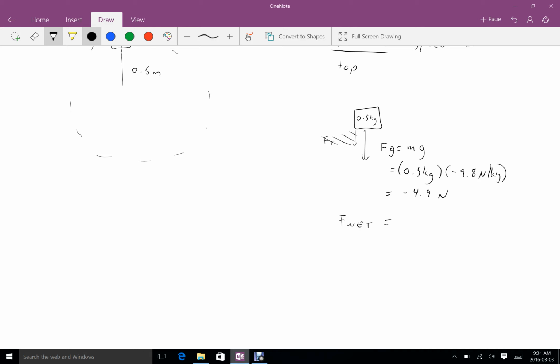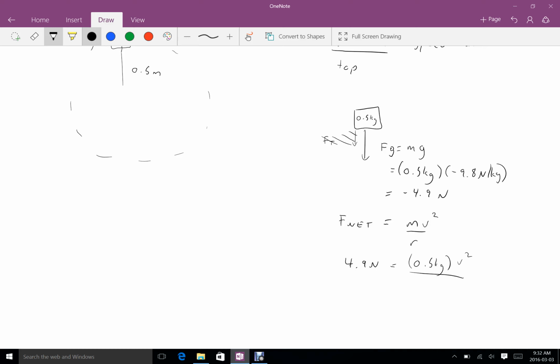And with our net force, we can use our formula for acceleration in uniform circular motion, mv squared over r, and that way we can come up with the v. So we have 4.9 newtons here, our mass of 0.5 kilograms. We don't know our velocity, so we'll just put it in as v squared.